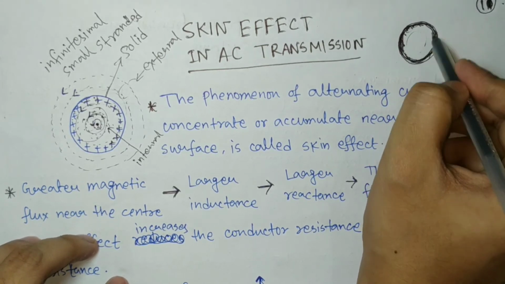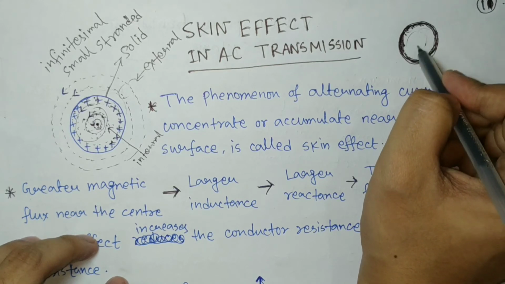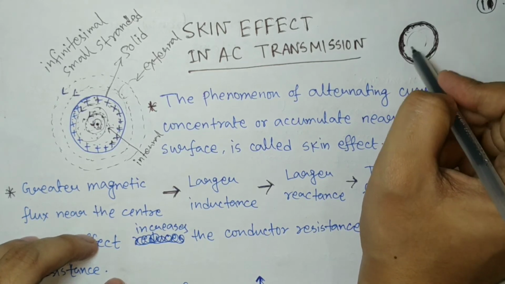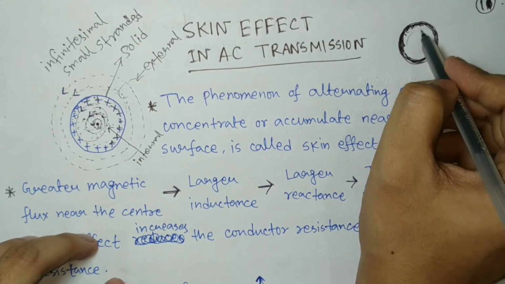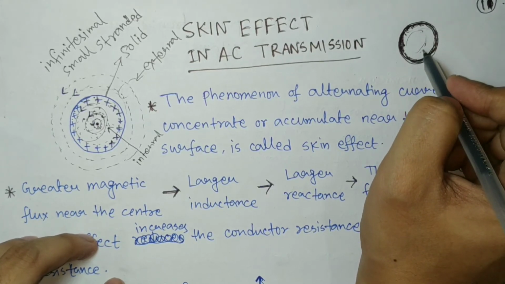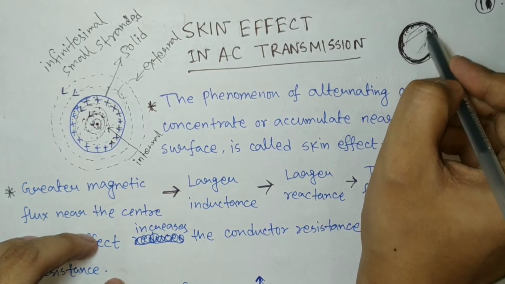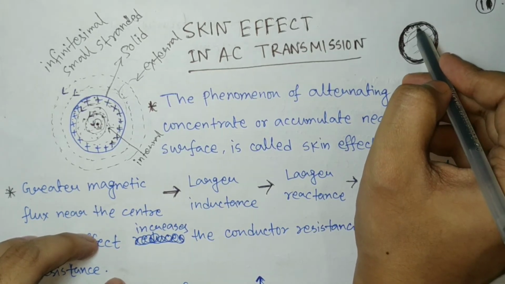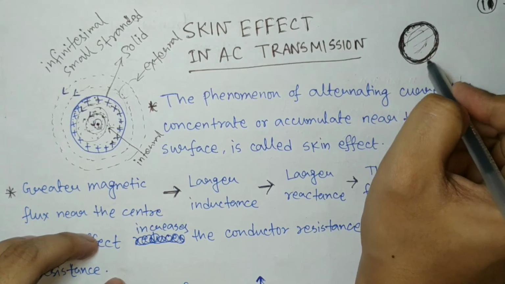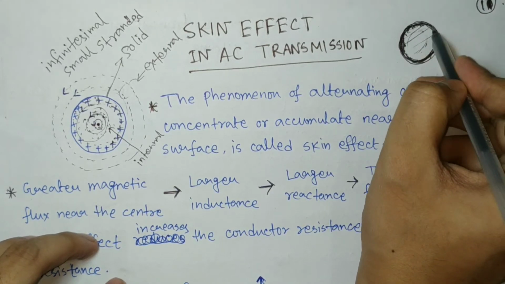So this space is not being used, because majority of the charges are flowing through the surface only. So we can say, although this is the total cross section, the current is only using this much cross sectional area.